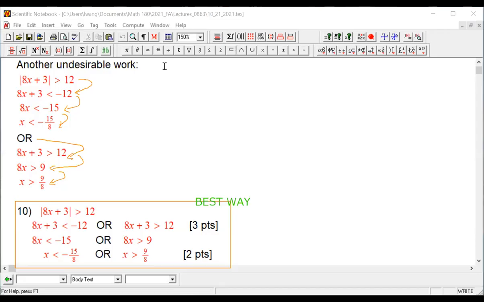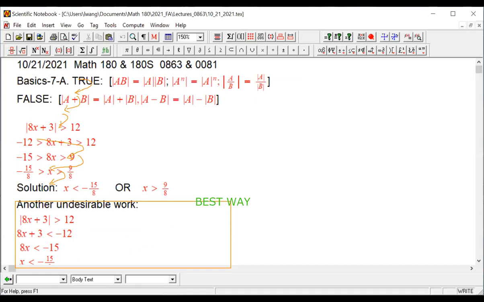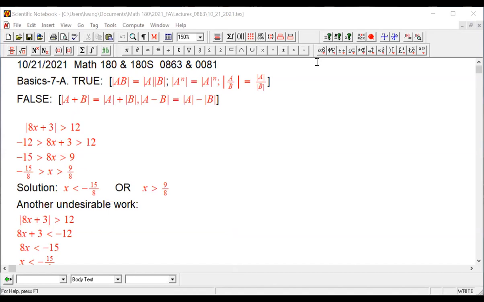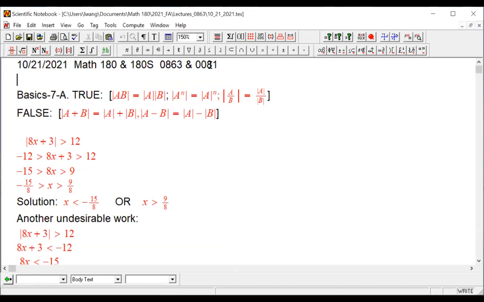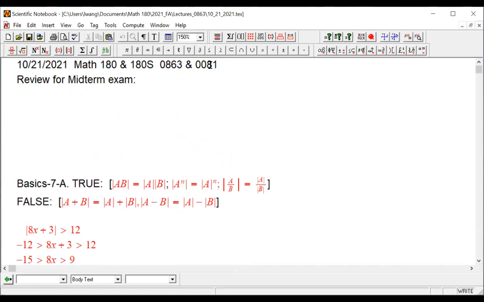Okay, so I wish to give you guys some help if needed to review for your midterm. Mathematical principles will be on the exam.